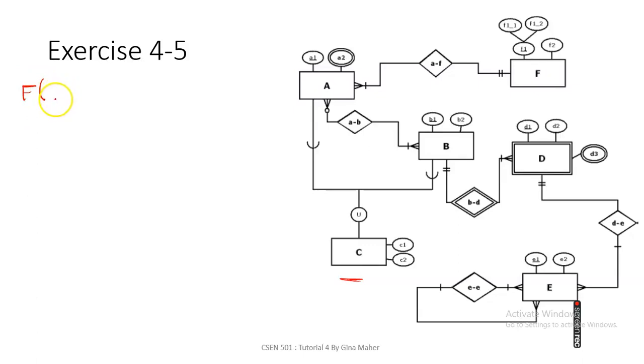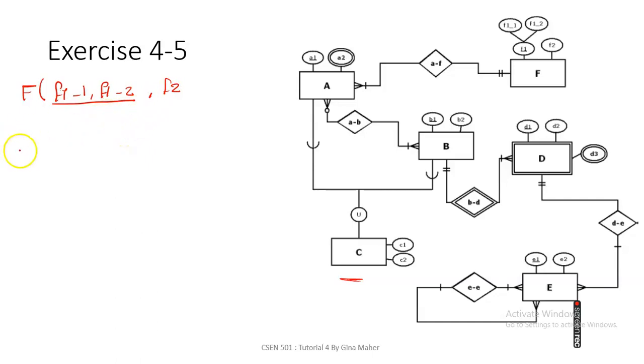One, F1, which is a composite attribute, where it consists of two different attributes, F1-1 and F1-2. We can simply represent these attributes in two different columns, F1-1, F1-2. Since the composite attribute is the primary key, both together will be the primary key. And we will have F2.